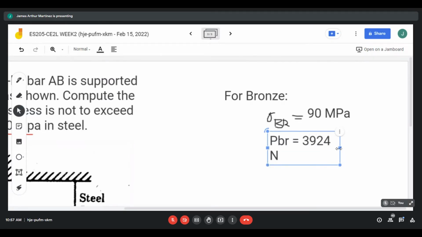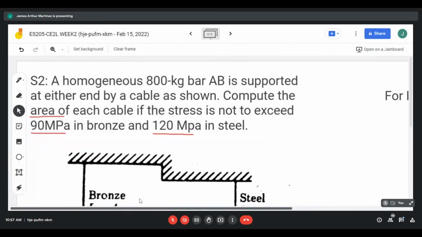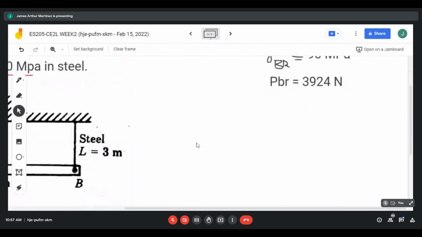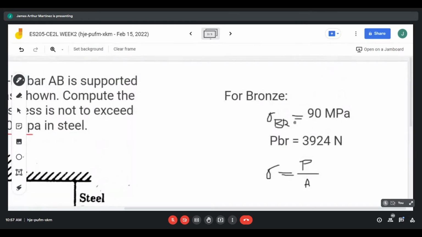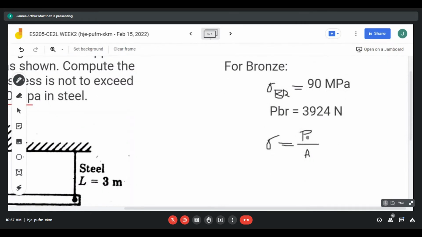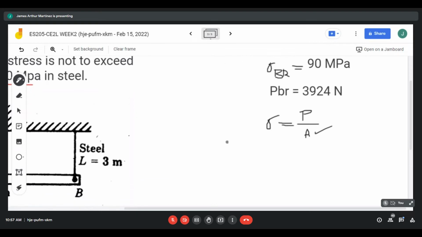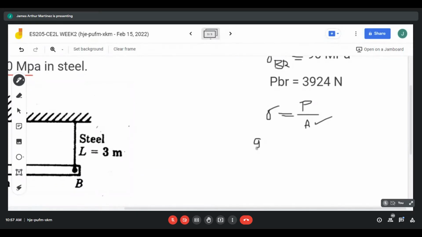Ang iyahang reaction. And you are asked to determine how much ang iyahang required nga area para makarry na siya nga load. So, a formula for stress, P over A. So you have the stress and the internal load or the load applied, then makompute niyo ang imuhang area for bronze. So in this case, you have 90 MPa.